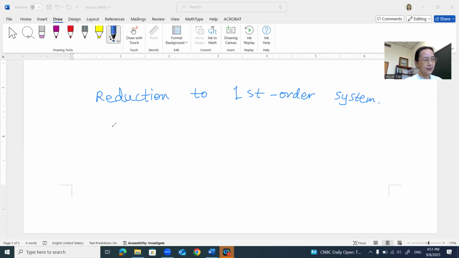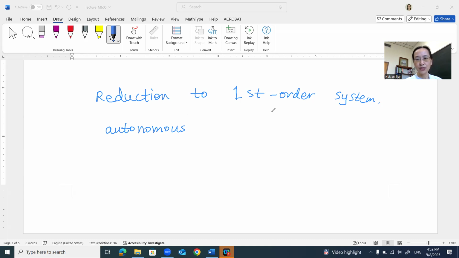Also, in case the system is non-autonomous, we hope to reduce it to first order and autonomous. So that is our goal for a higher order system of equations.